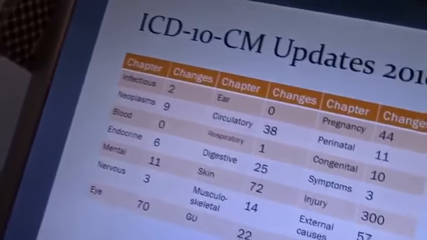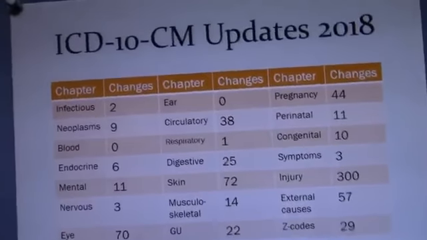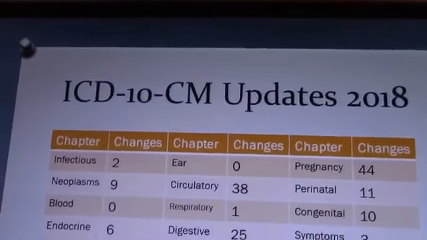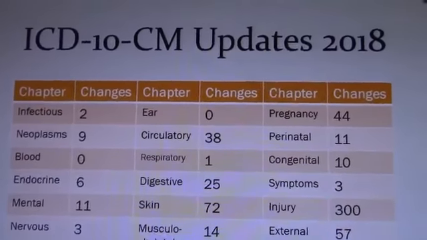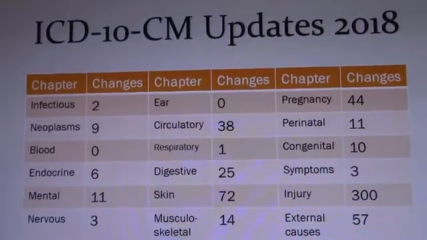So let me first start off by giving you a summary of what the 2018 updates look like. Okay, I've got a chart that I put together and I want to show it to you. As you can see here, it says ICD-10-CM updates for 2018.